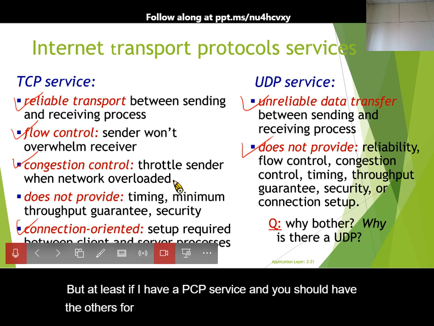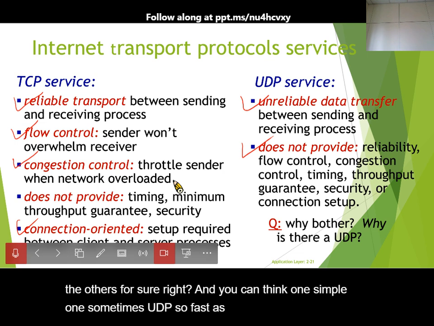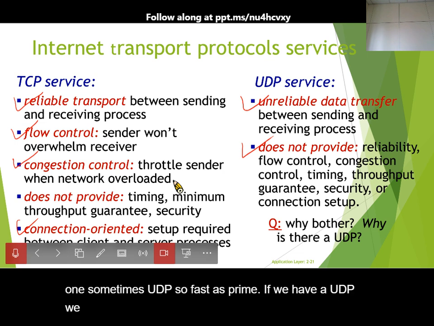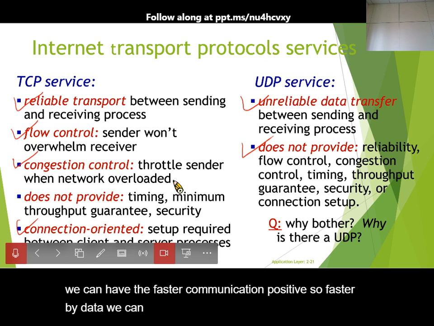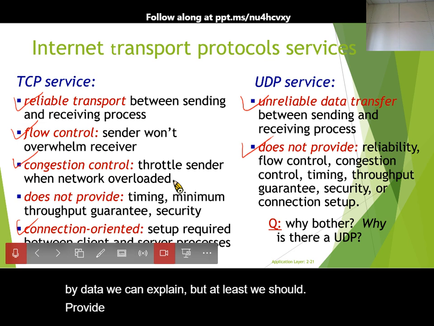And you can think of one simple one, which is UDP. If we have UDP, we can have the faster communication possibility. As for faster, why, later we can explain. But at least we should provide the other options.